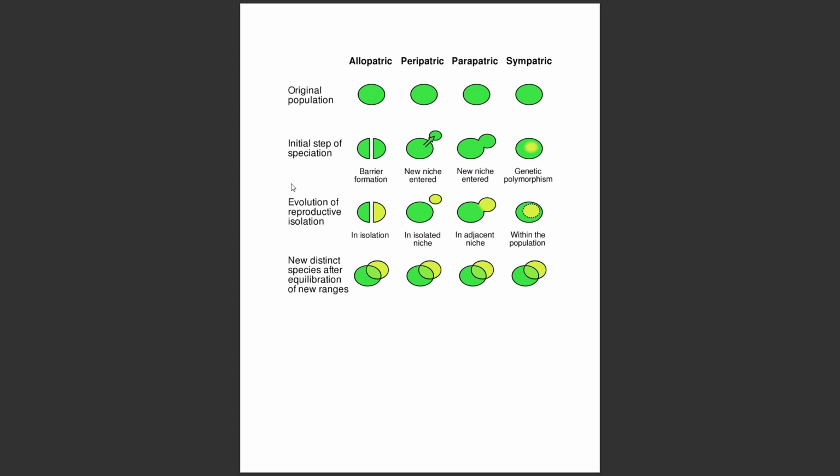So the next one would be peripatric speciation, when there is a new niche on the border of the old niche, and they're not able to exchange genes with the original area. So an example of this would be the London Underground mosquitoes. Now, some mosquitoes had moved underground in London during World War II.